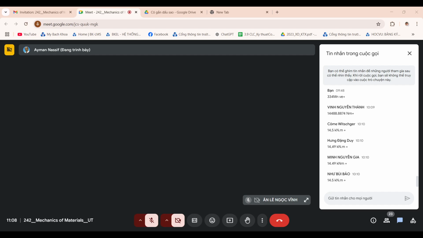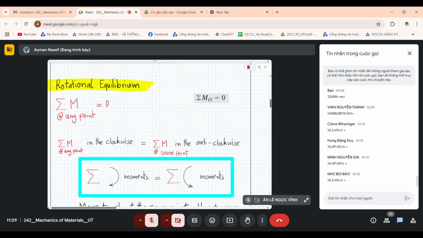But for now, this is the condition for you at this level. So I've already mentioned this in a simple idea. The sum of the components in the x direction must be equal to 0. The sum of the components in the y direction must be equal to 0. And rotational equilibrium, which is the sum of moments.